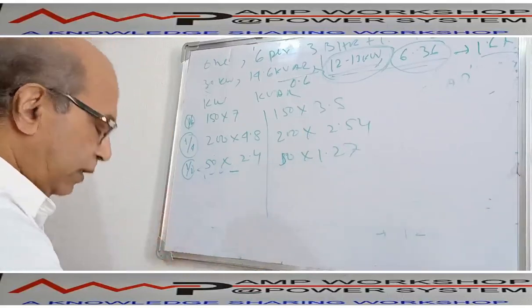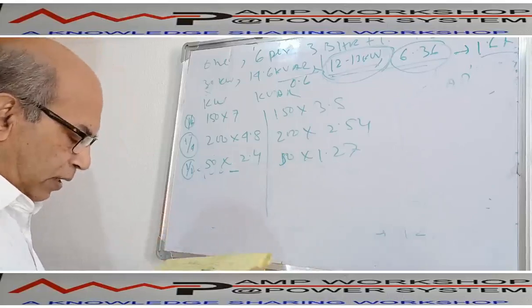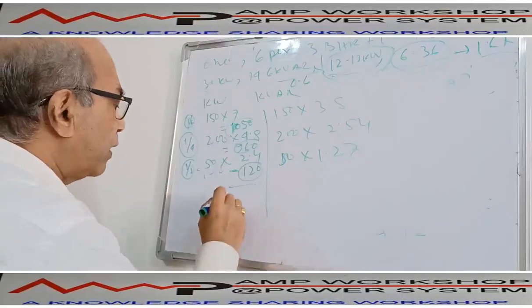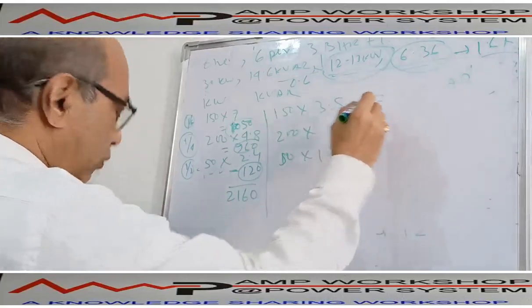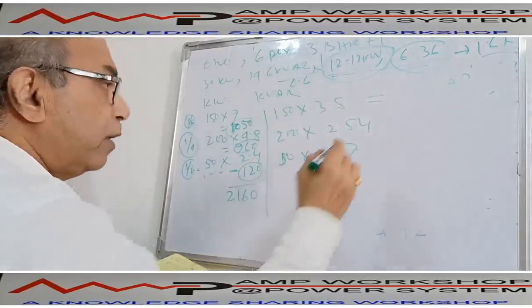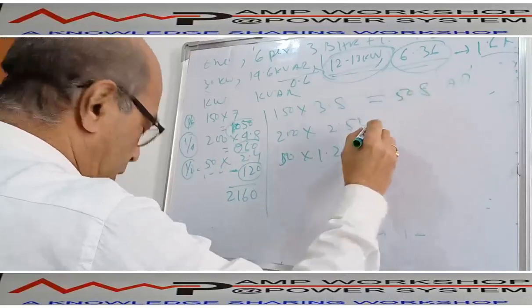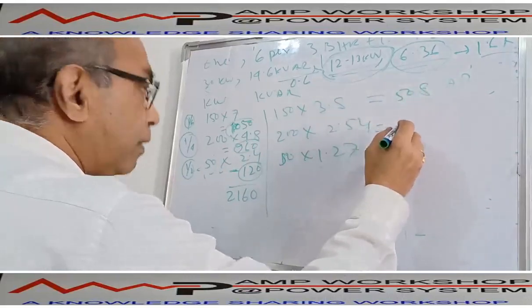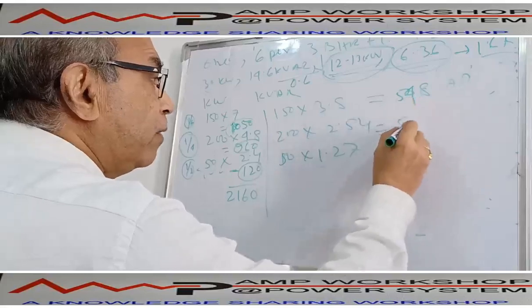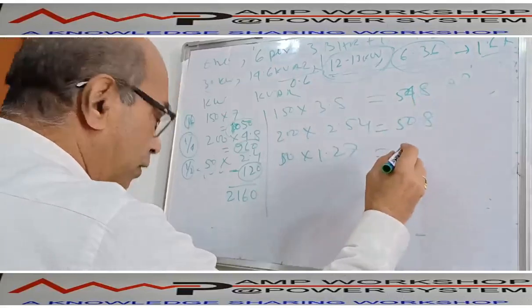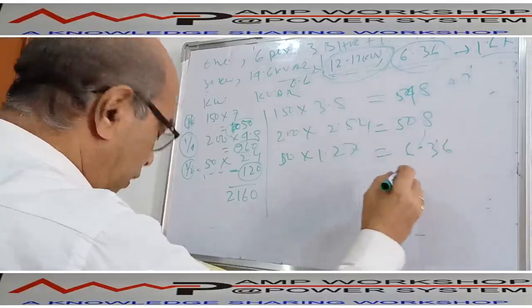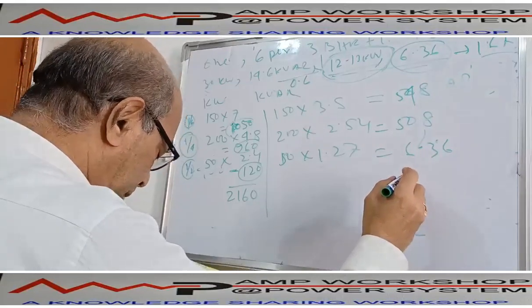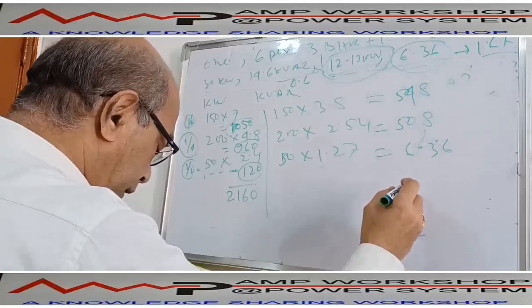If you sum all these together, you will get total connected kilowatt coming to 2160, and kVAR coming to approximately 548, 508 kVAR and 63.6 kVAR.